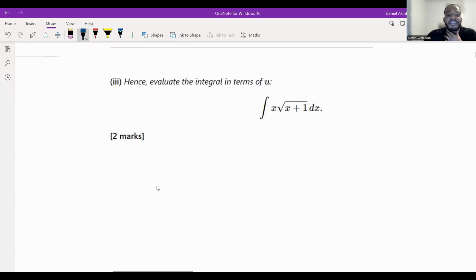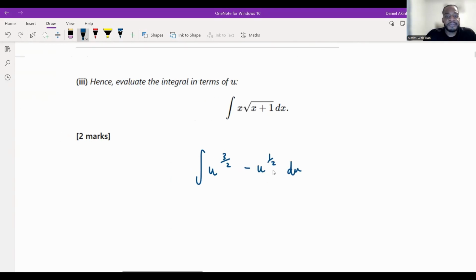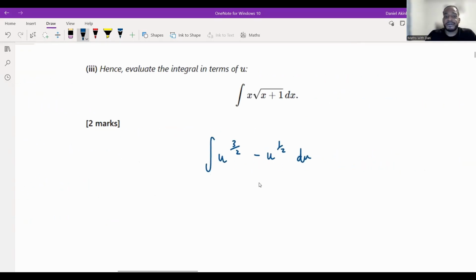And then part triple I says, hence evaluate the integral in terms of u for 2 marks. Okay, well, what have we figured out? We figured out that this integral is actually just the same as u to the 3/2 minus u to the half du, isn't it? So what we're going to do is just integrate that. Now, this is a polynomial type of integral. We're going to add one to the power divided by the new power.